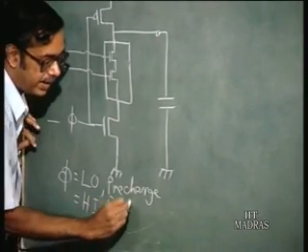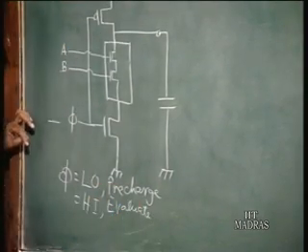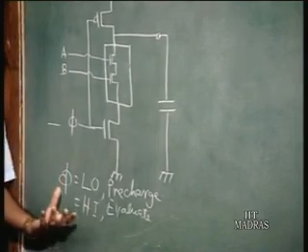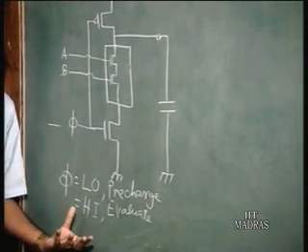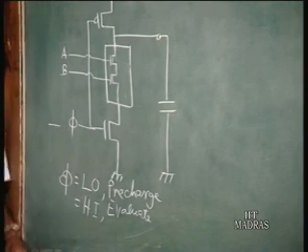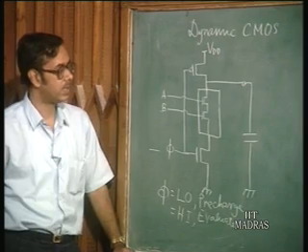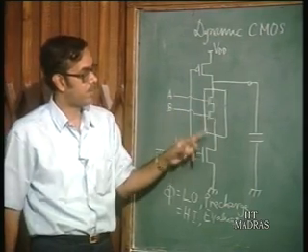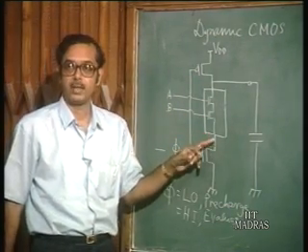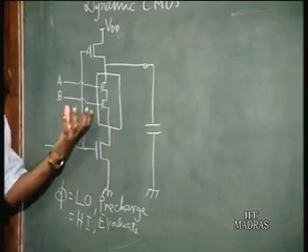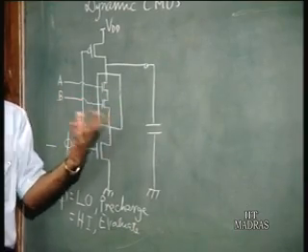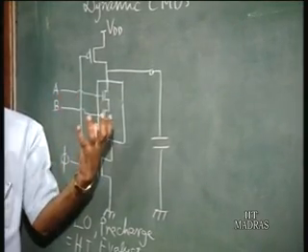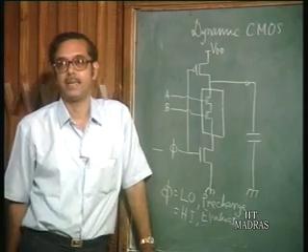That is, when phi is high, you generate the logic function in the evaluate phase. So, this is a clocked CMOS circuit. The obvious advantage is that whatever be the complexity of the gate, if you have n number of inputs, in a normal CMOS you will have twice n number of transistors, whereas here it is going to be just n plus 2.